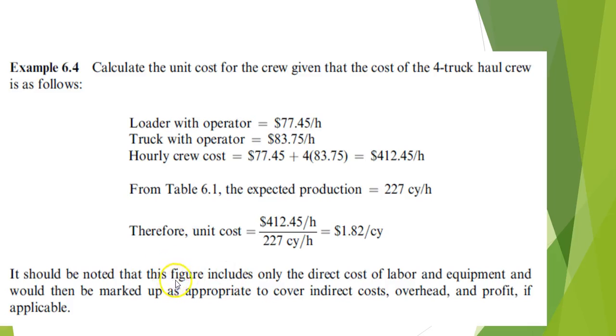Now, remember that this only includes a direct cost of labor and equipment, and you have to add markup for indirect and overhead and profit. Now usually that's not your job to add that markup, and as an estimator you provide the basics, and then someone else usually applies those factors.